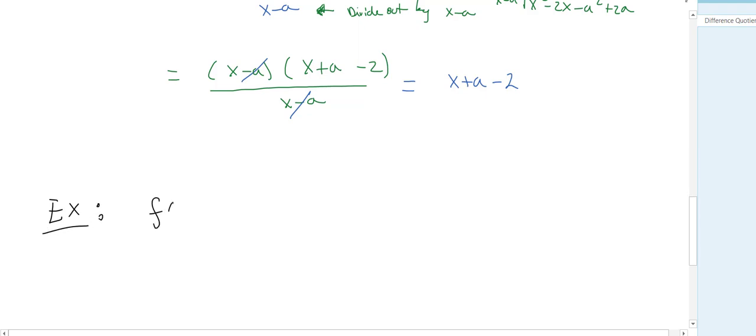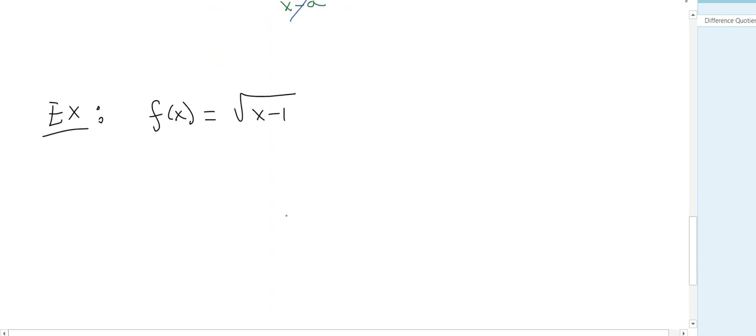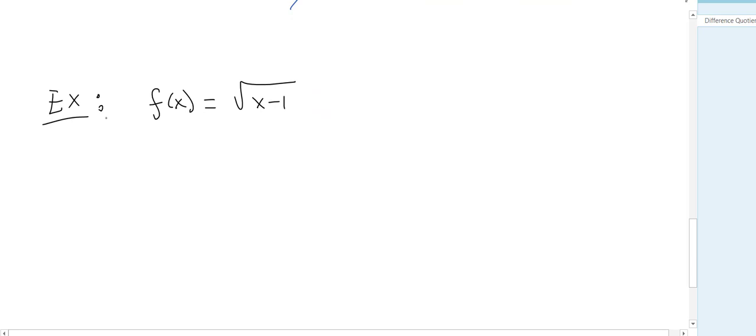So let's try a different example, I said we will do a radical function. So say I want f of x equals the square root of x minus 1. How do I simplify the difference quotient? I'm going to use the x plus h. Simplifying the difference quotient again means you need to figure out what your f of x plus h is.